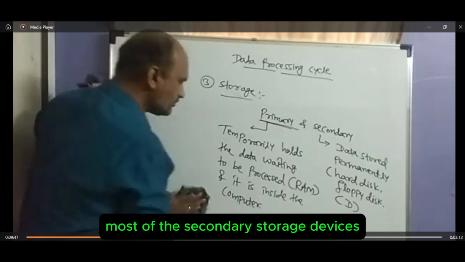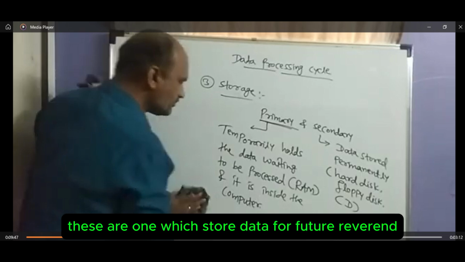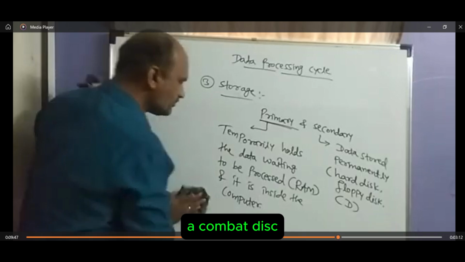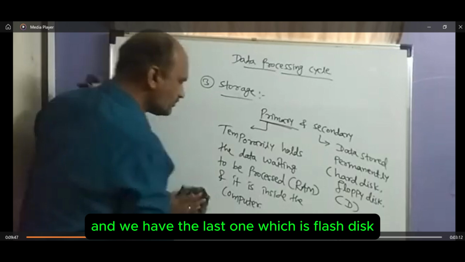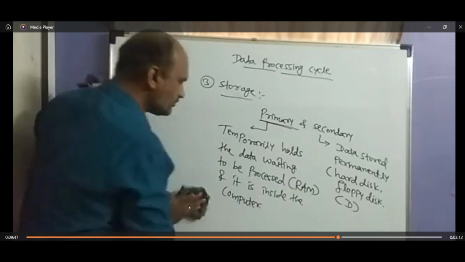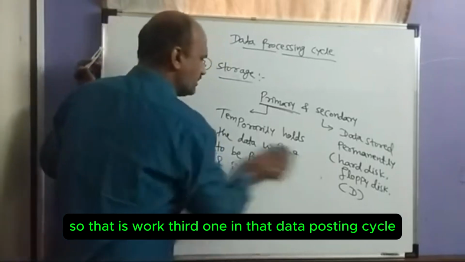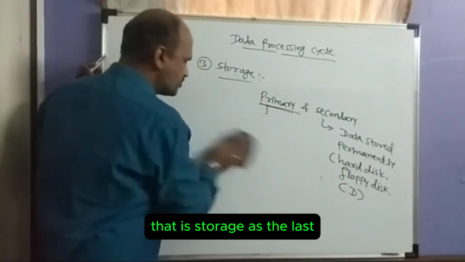Most secondary storage devices store data for future reference: the hard disk, the floppy disk, the compact disk, and the last one, the flash disk. So that is your third step in the data processing cycle, storage.